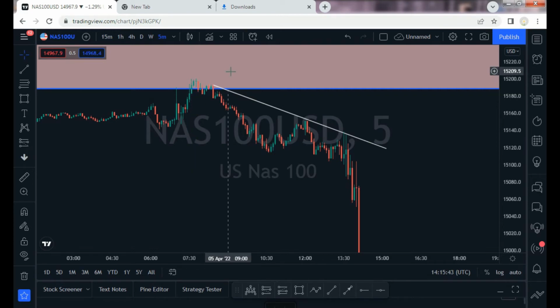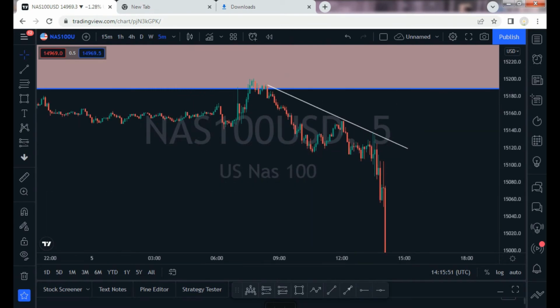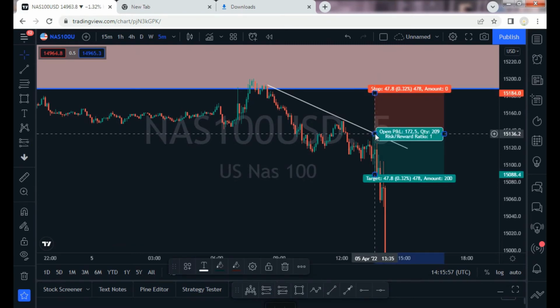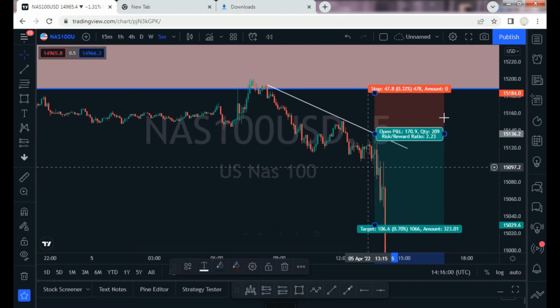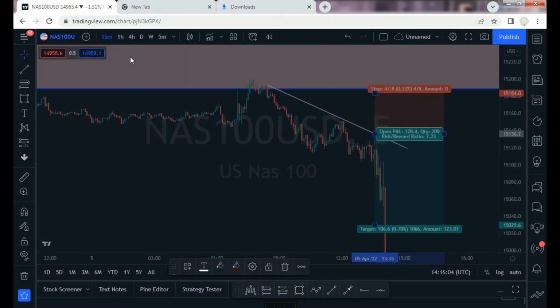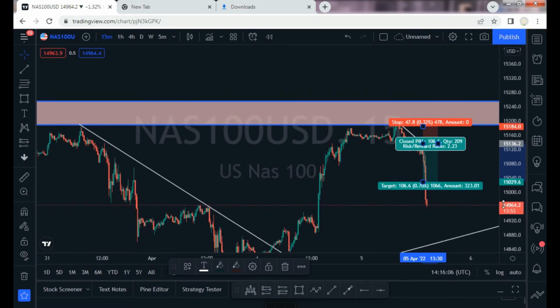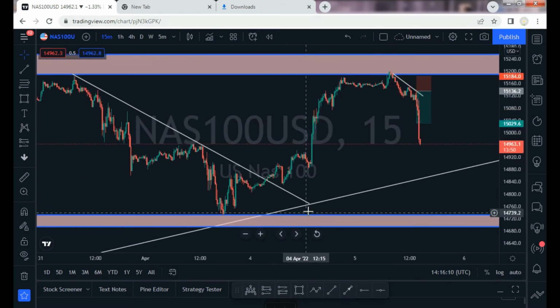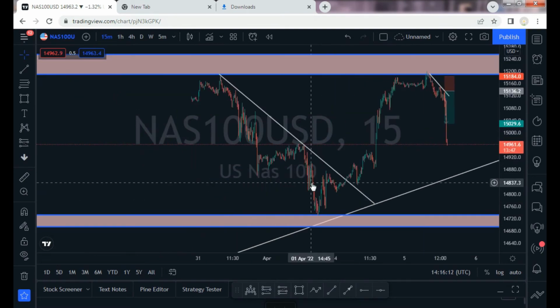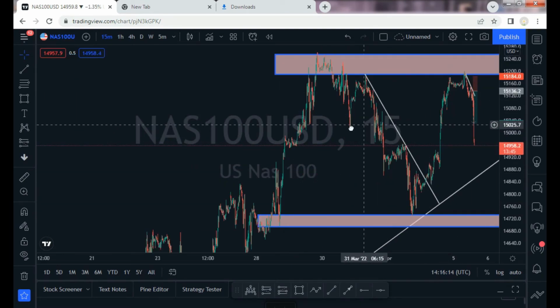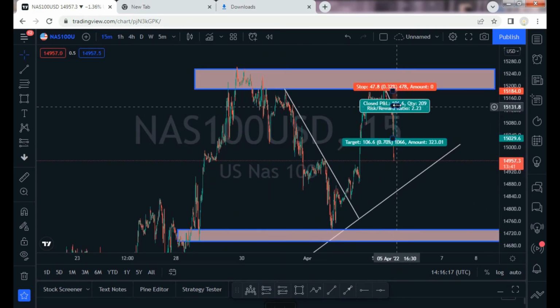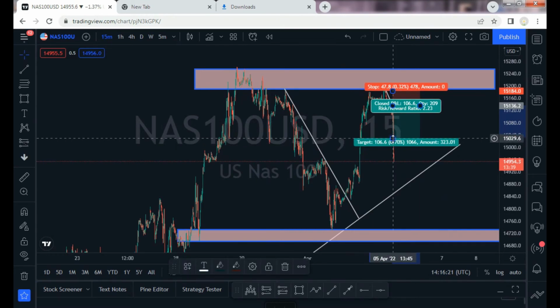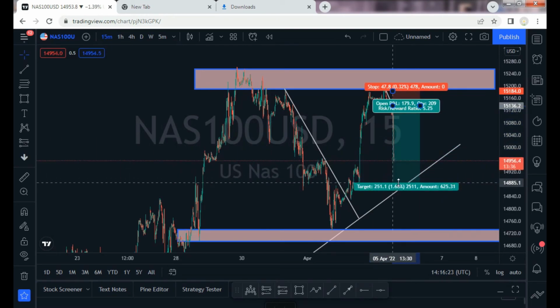So price got to this point. I was waiting for price to get to this point, then I executed my trade. So I took my short position from here, and then dragged it down, came back to 15 minutes or the 1 hour, and saw that price was going to go this way, so I'm gonna place my take profit at the nearest support.